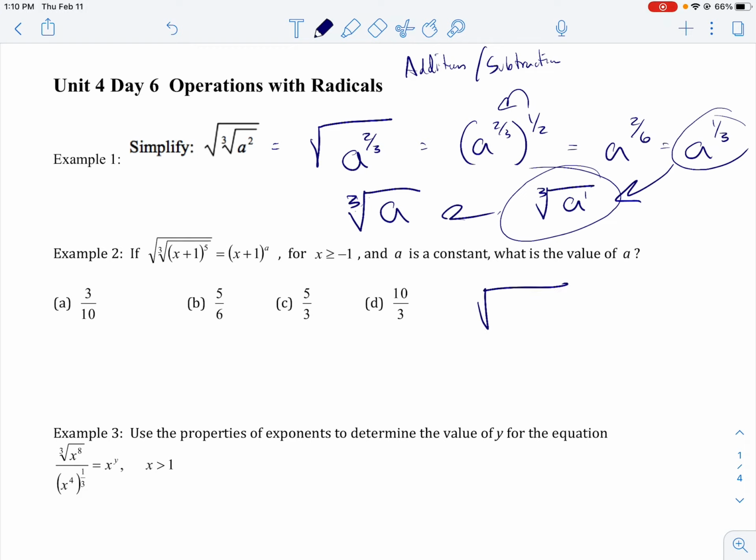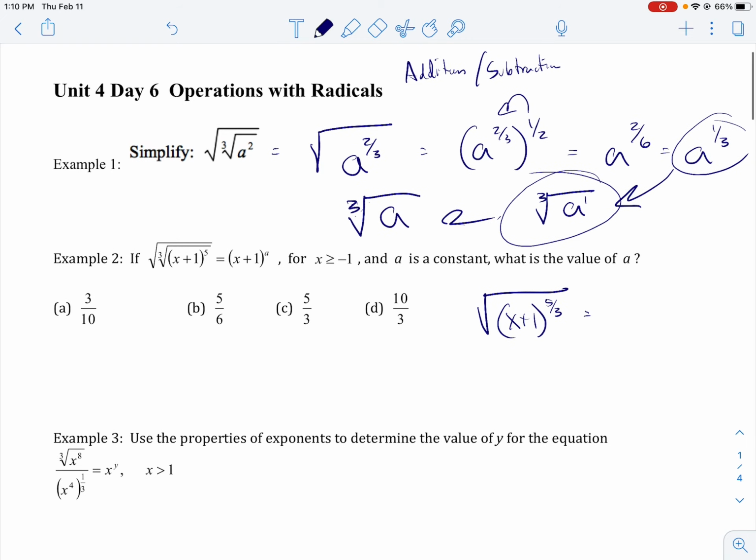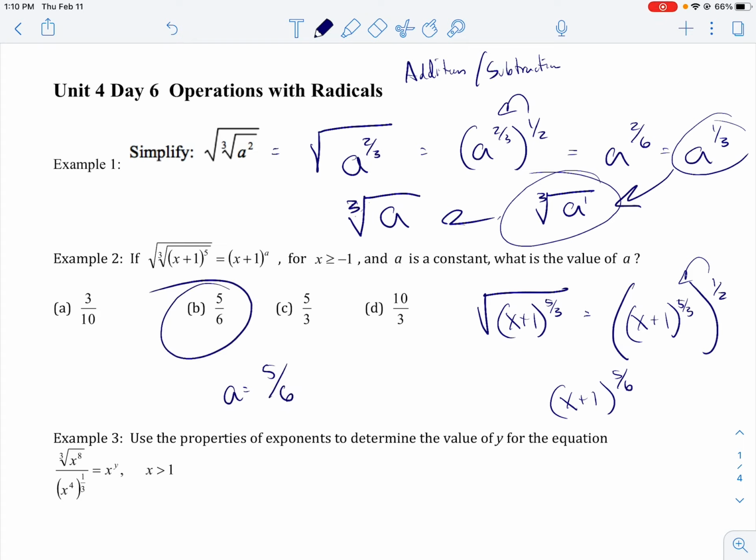So square root of x plus 1 raised to the 5/3 power. All right, well, that's just equal to x plus 1 raised to the 5/3 power, raised again to the 1/2. So I multiply that through, so I get x plus 1 raised to the 5/6 power. And so our answer, a, is equal to 5/6.